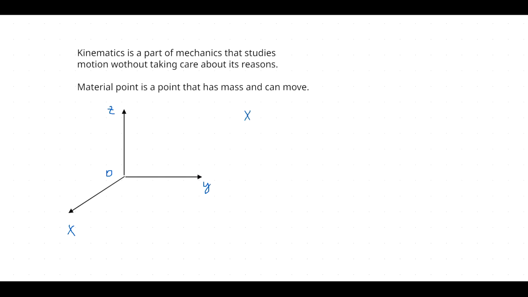X is a function of time. Y is a function of time. And Z is also a function of time. So in this way, we can define the position of material point.